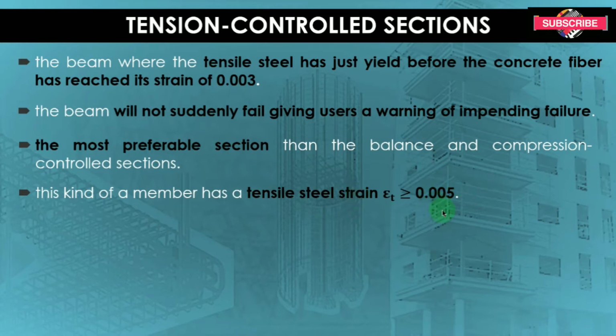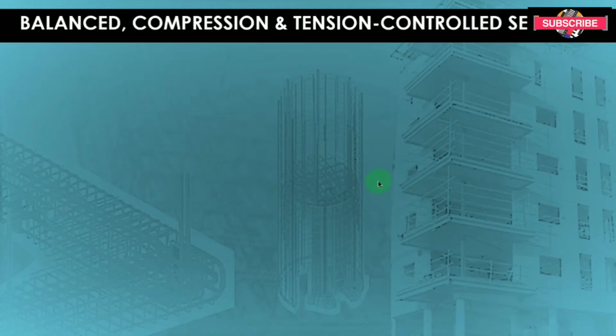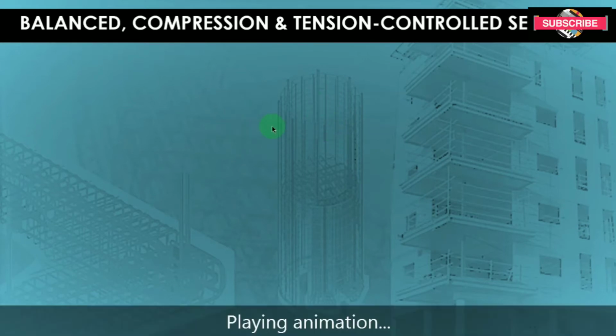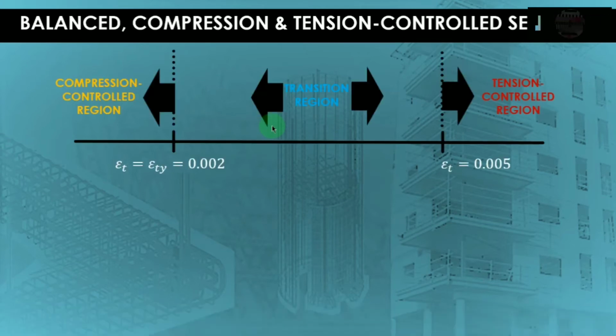Okay? So I hope na maliwanag na to sa inyong lahat, no, about this balance section, compression control section, and this tension control section. So dito muna tayo, no, sa mga importanteng boundaries ng ating tatlong sections. So ito yung simple illustration niya.